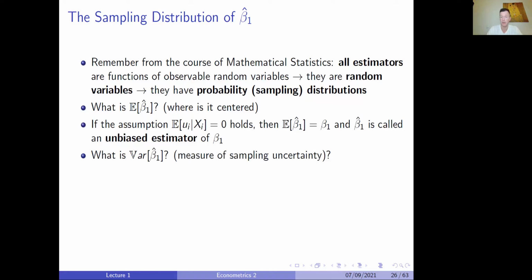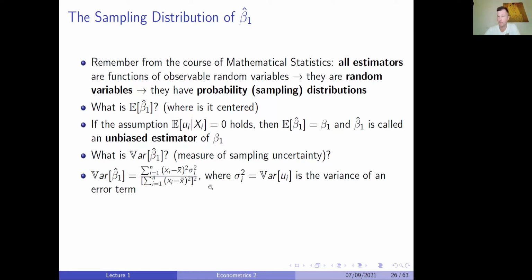Next step. For the random variable, I want to know the variance. What is the variance of beta 1 hat, kind of the sampling uncertainty? How far from this center can I receive values of beta 1 hat? In the lecture in Econometrics 1, you may find the derivation of this formula.